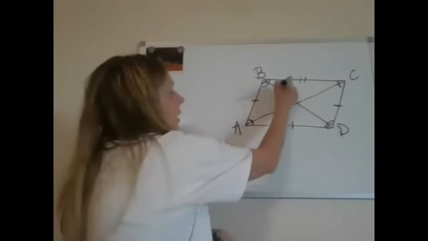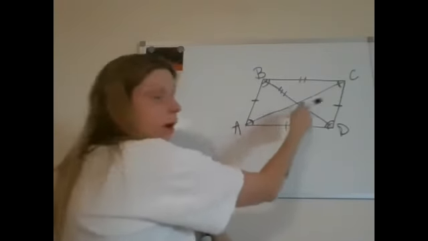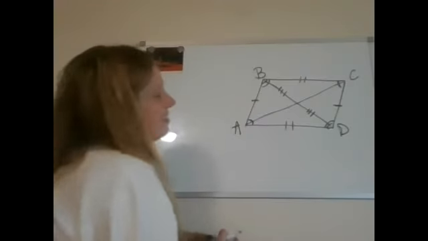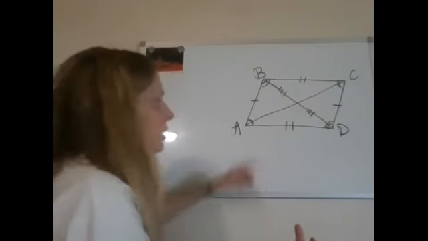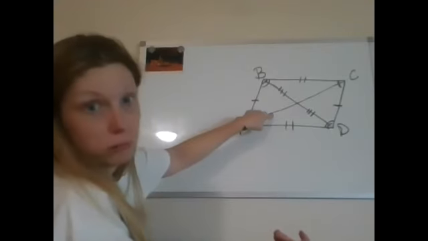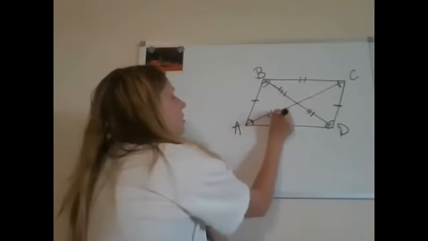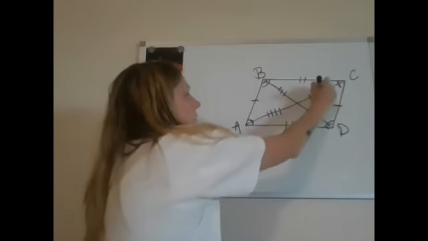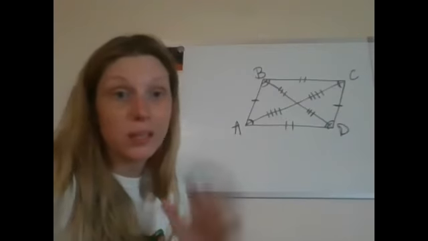So this diagonal here, this part of it, is opposite from this part of it, so it's equal. I guess it's not really opposite, it's on opposite sides of the diagonal, right? That's opposite. Anyway, so this one here is equal to this one over here. All right? Anything that's opposite is equal.